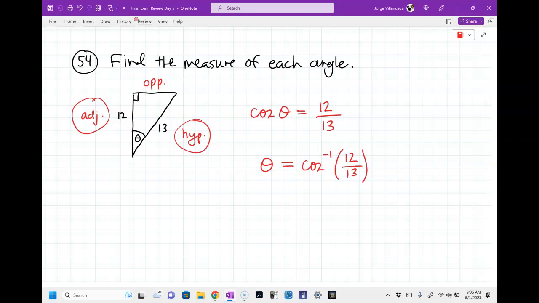And there's literally a button. Well, it's a shift button, or second button. But right above cosine, if you hit shift cosine, it says cosine inverse. Okay? And then you're just going to put 12 divided by 13. And it gives you 22.6. So 22.6 degrees. And that's it.